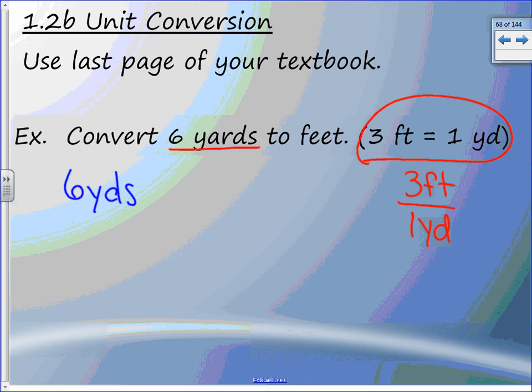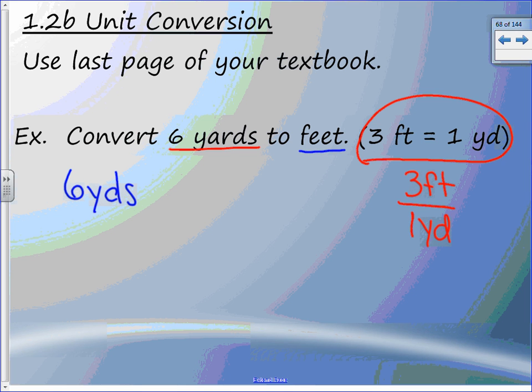And then what we're going to do is either multiply by the conversion factor, or we're going to multiply by its reciprocal. And the way we determine whether we multiply by the factor or by its reciprocal is we have to get the yards to cancel, and we have to have feet in the numerator.